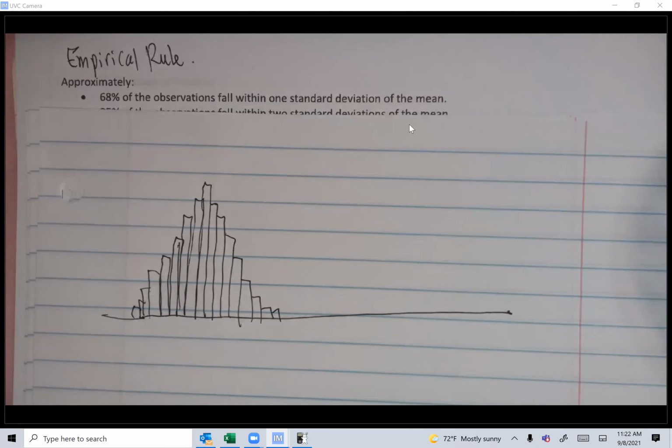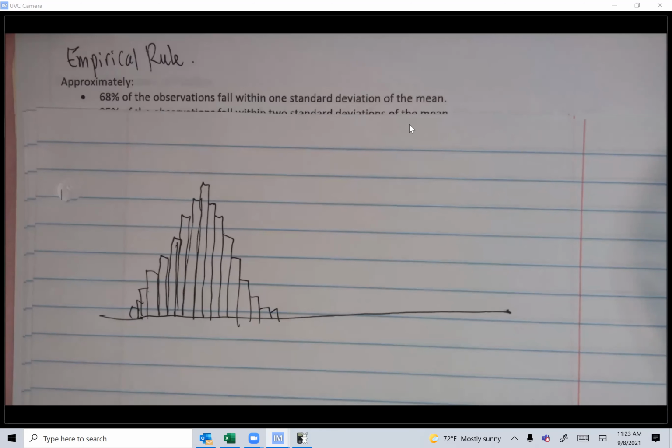What does this look like? Which type of shape, guys, that we talked about earlier? Symmetric. There is a symmetric.